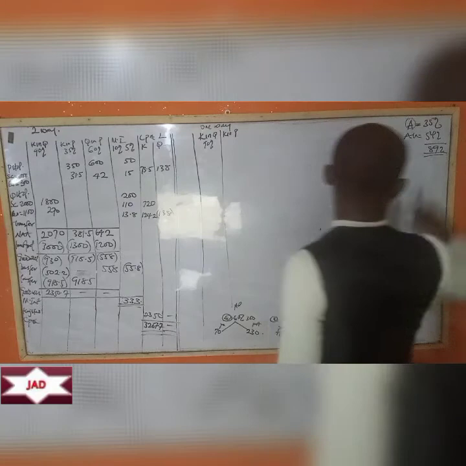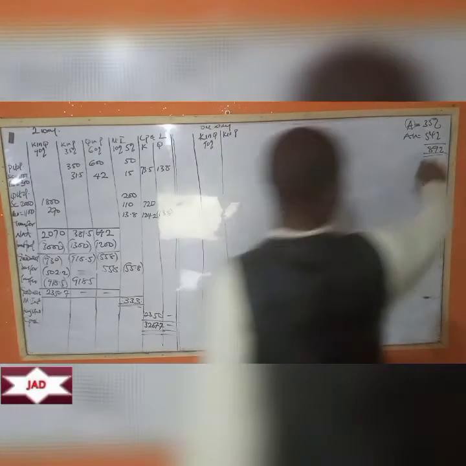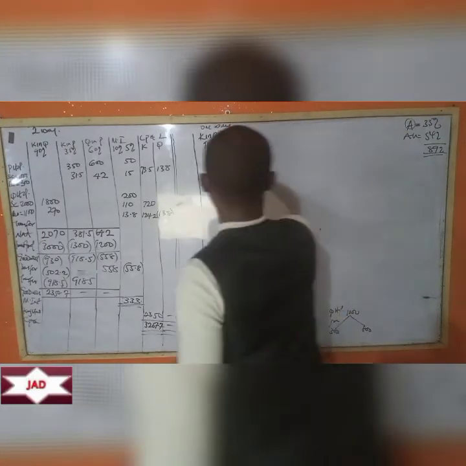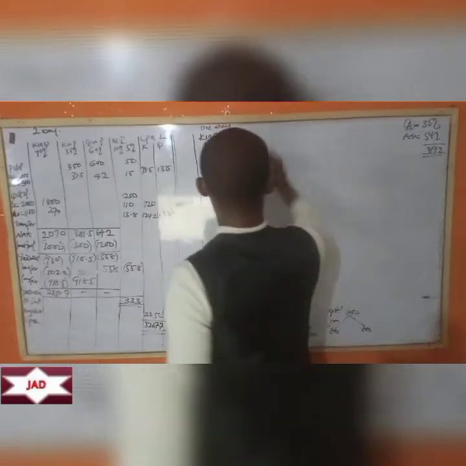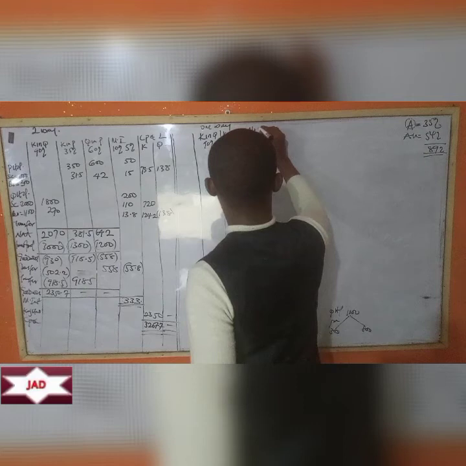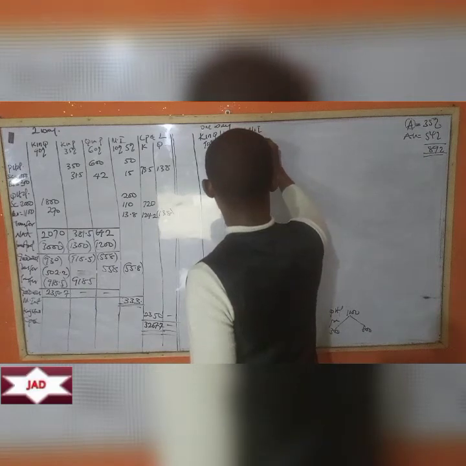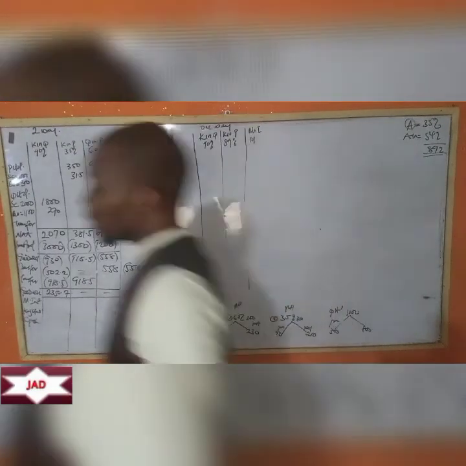So 90% of 60 is 54. Let's check again. 0.9 times 60. 54. So 54 plus 45. That's 89. So it's going to be 89%. The minority interest will be 10%. So what do we have? 100 minus 89.